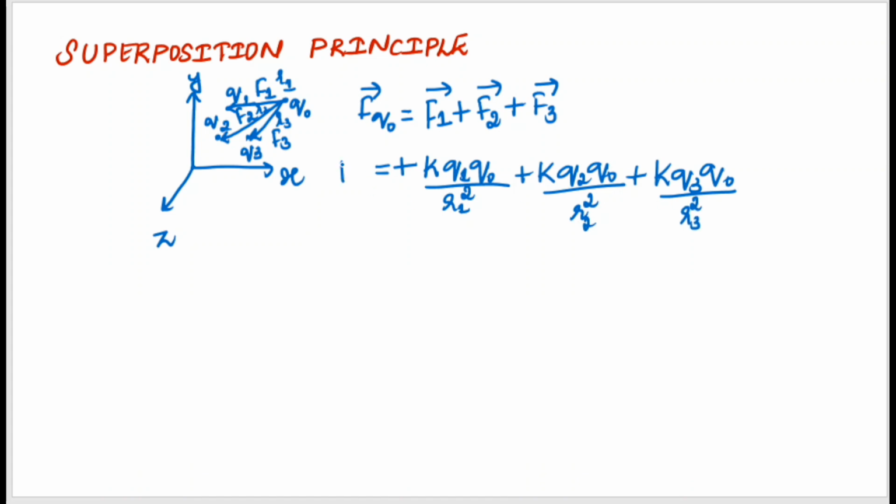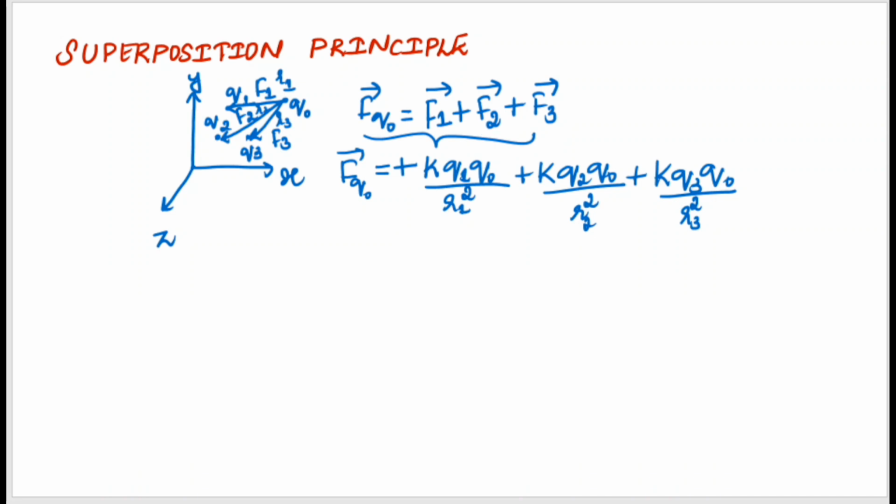I hope everyone is clear. This is the way to find the force on the q0 charge because of the rest of the charges, q1, q2 and q3. It is added vectorially, that you must remember.